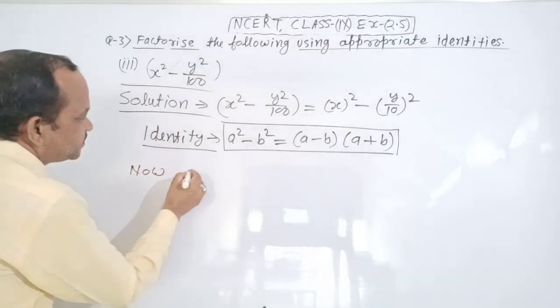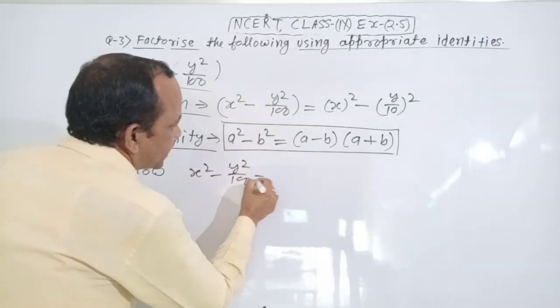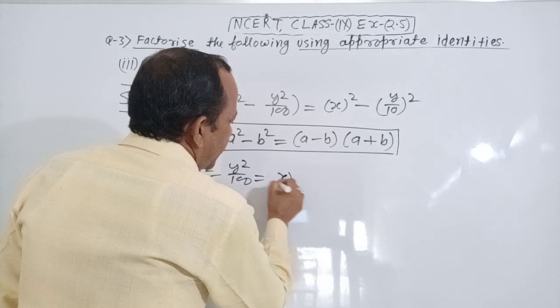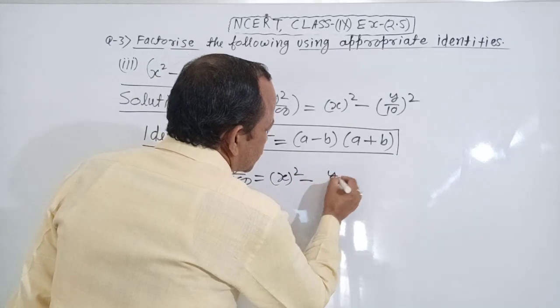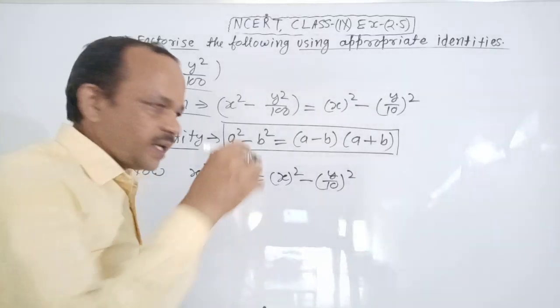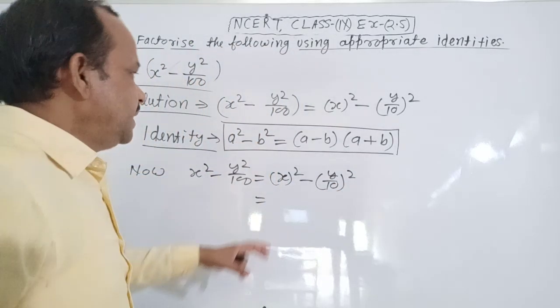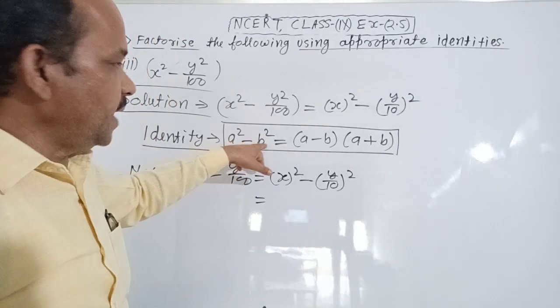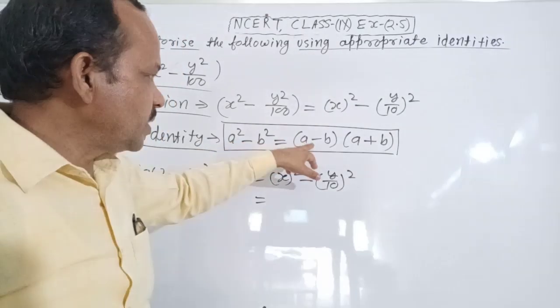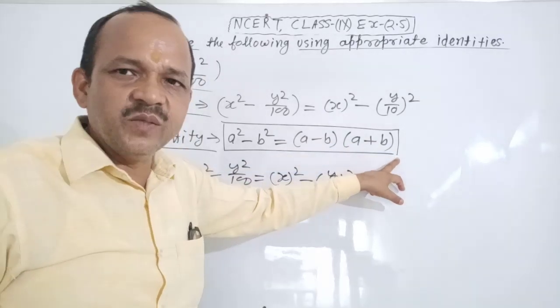Now, x square minus y square by 100 equals (x) whole square minus (y by 10) whole square. Here a square minus b square equals (a minus b)(a plus b).